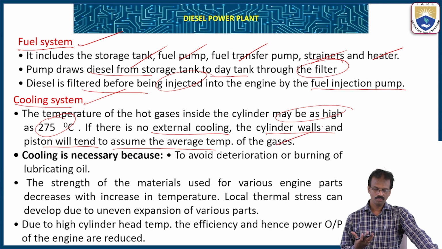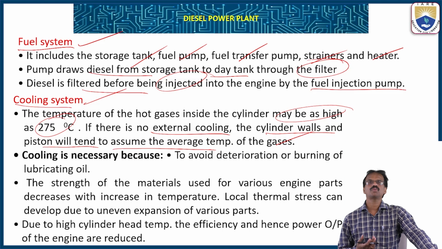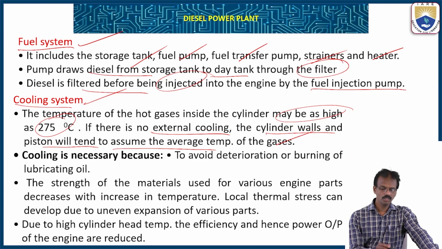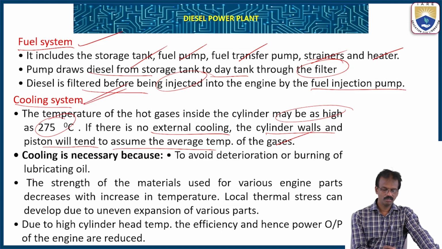They will be affected by the high temperature, the hardness of those parts will be decreased, and the wear will be increased. Automatically, the parts will be spoiled, or the lifetime of those parts will be decreased. So cooling system is very important.